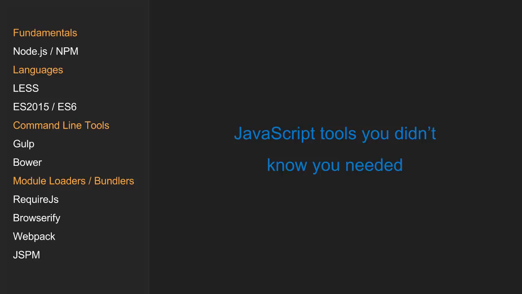We're going to look at the task runner Gulp to automate many of the processes that we are going to be needing to automate in this series, and talk about how we can use it as a build step to process our assets. We're going to be talking about the package manager Bower, and then we're going to take a look at 4 module loaders or bundlers.